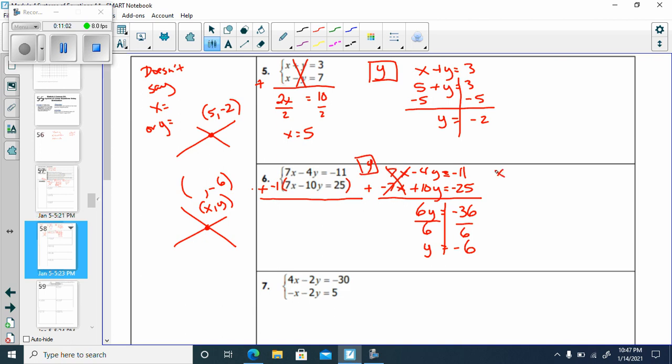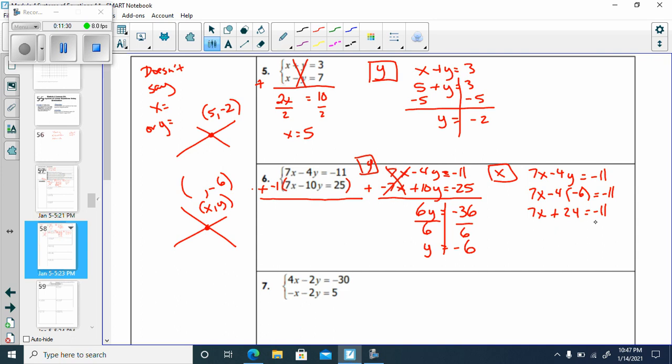Now we need to find our x. Use either equation, doesn't matter. 7x minus 4y equals negative 11. My y is negative 6. 7x minus 4 times negative 6 equals negative 11. 7x, negative 4 times negative 6 is positive 24.